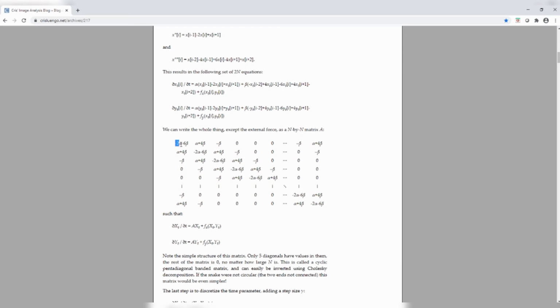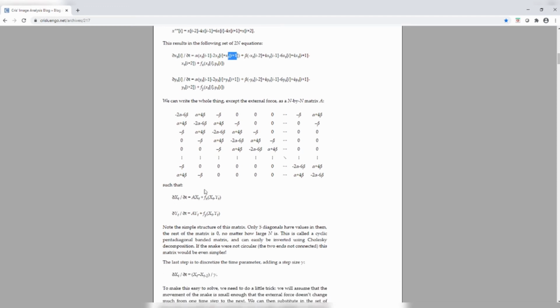So that's why minus 2 alpha minus 6 beta, right? So this is the x of t of i term. Okay, similarly for beta y also it's the same term, and similarly you have the t minus 1 term grouped together, t plus 1 term grouped together. That's what happens here.